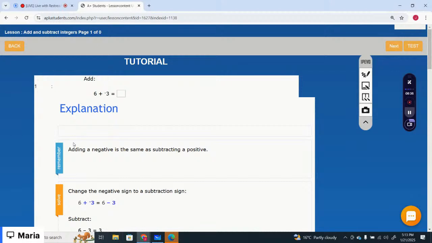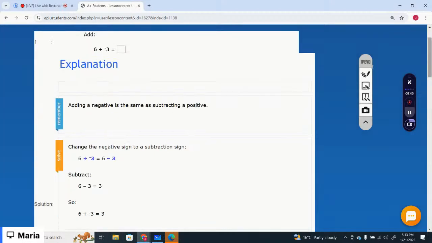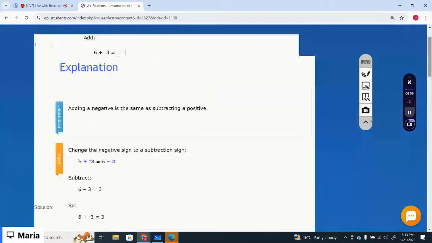You have to do 6 minus 3. 6 minus 3 is 3, right? Adding a negative integer is the same as subtracting. So 6 minus 3 is 3. Let's start with the test questions.